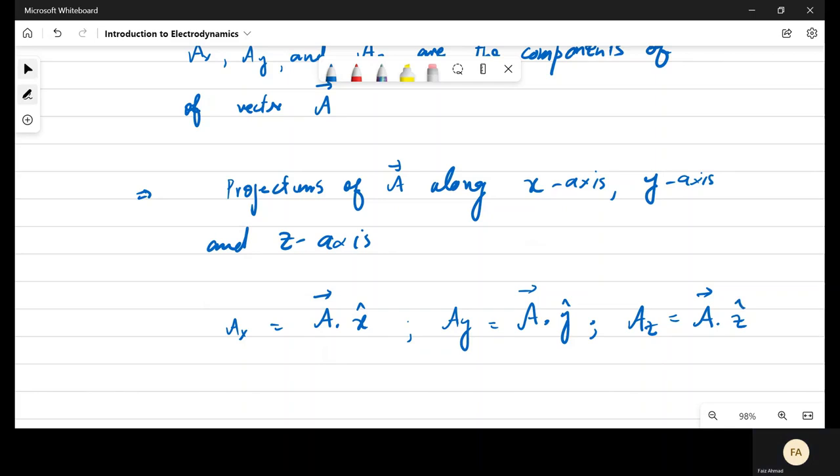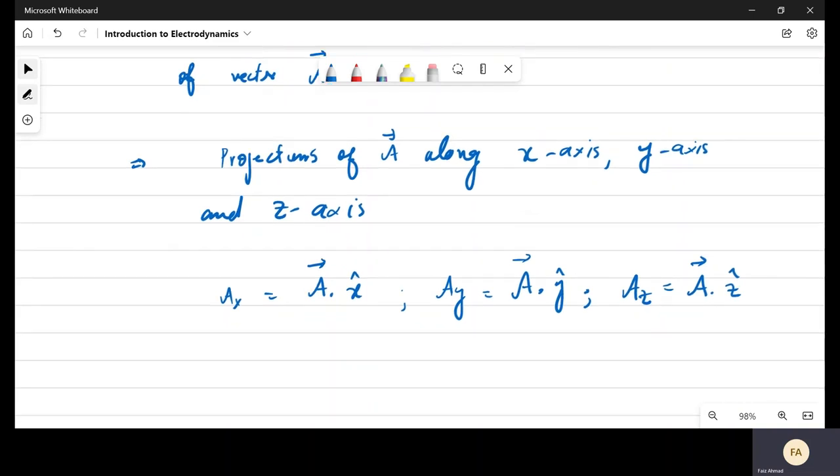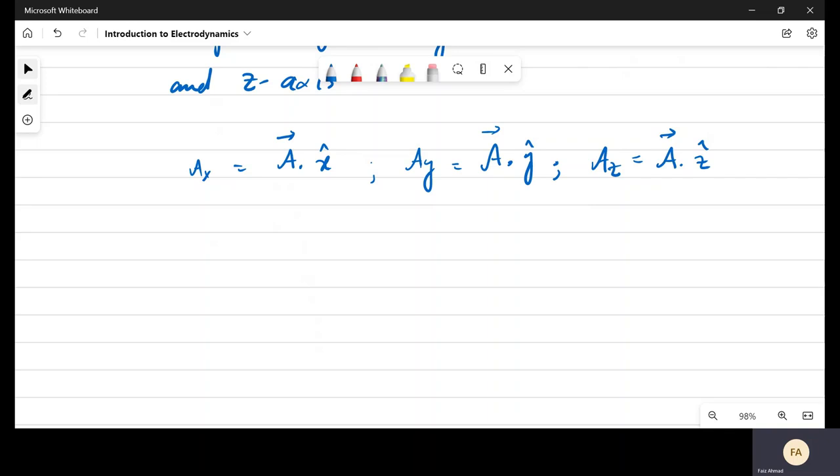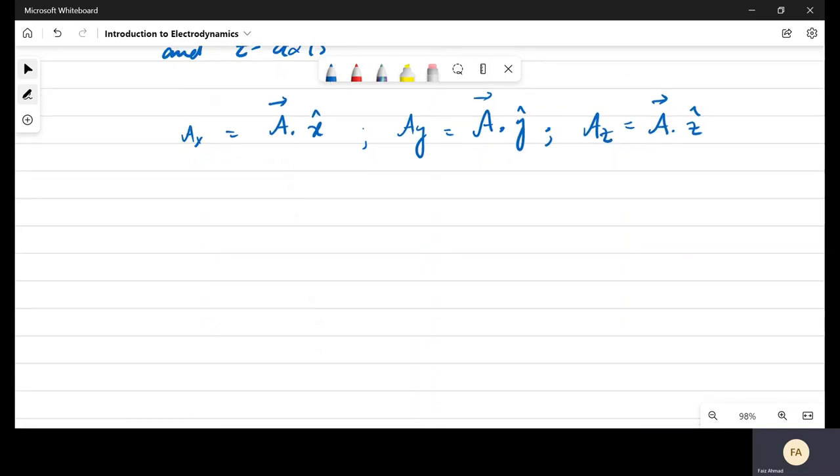So any point in 3 dimensions can be expressed in terms of vector a, where vector a has 3 components ax, ay, and az, and those are the projections of the point on these axes.